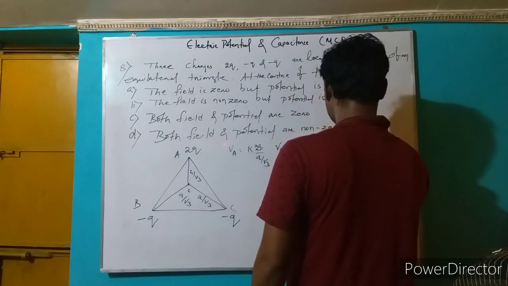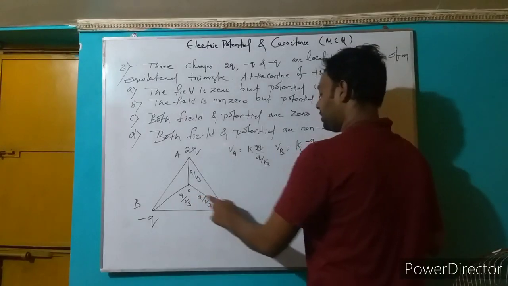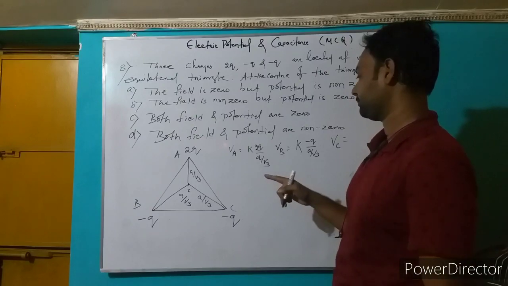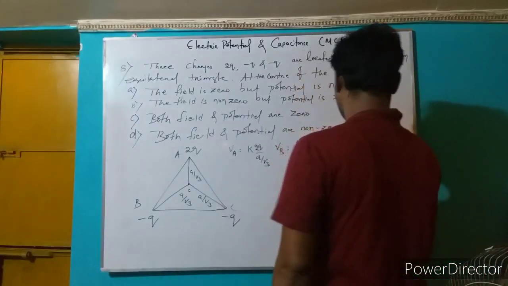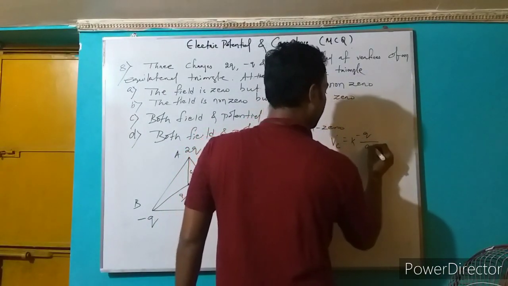Similarly, the potential at the center due to point C is k into minus q divided by A by root 3.